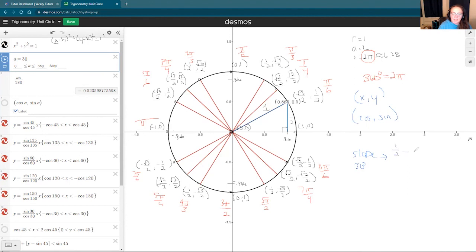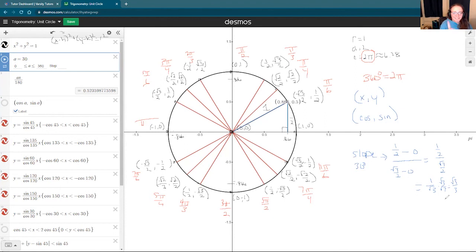Okay, so we're going to do 1/2 minus 0 over root 3 over 2 minus 0, which is 1/2 over root 3 over 2. So then this is going to be 1 over the square root of 3. We're going to convert this to root 3 over 3, which you may remember is the tangent of 30 degrees. So this is the same thing as the tangent of 30.